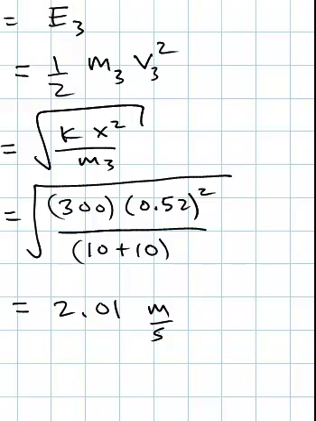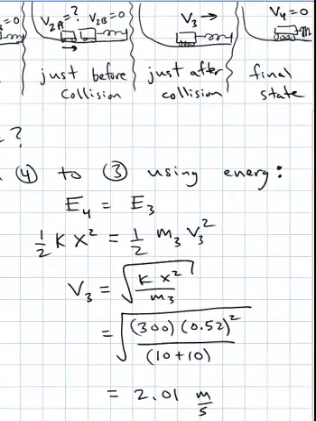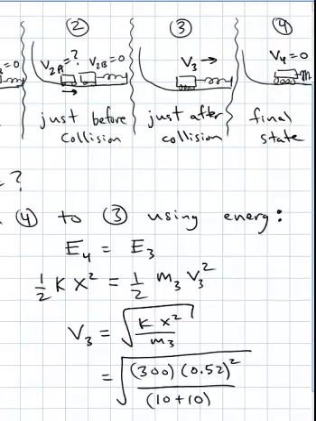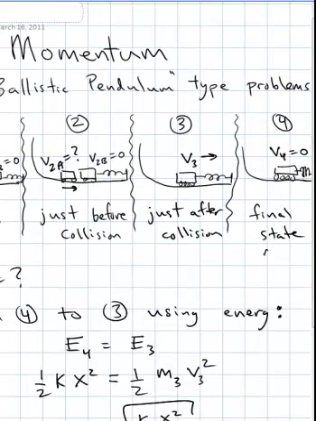So the two things have stuck together, and immediately after the collision they're moving at 2.01 meters per second. So we've worked from time 4 to time 3. We've figured out what V3 is.